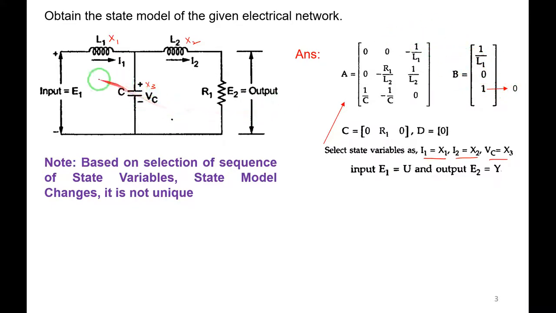Okay, I have chosen the current flowing through this inductor L1 as x1, the current flowing through this inductor L2 as x2, then the voltage across the capacitor as x3, right? So select state variables.